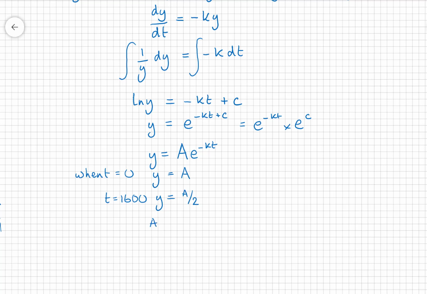So a over 2 is equal to a e to the minus 1600k. I've replaced t with 1600, and I've replaced y with a over 2. And in doing that, one of those unknown quantities, a, cancels.